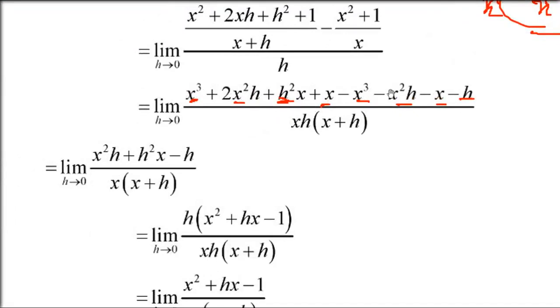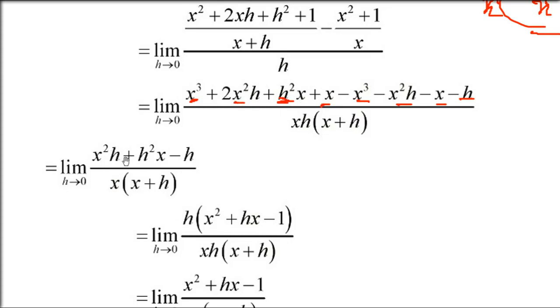Then 2x square h and minus x square h will be x square h, because you can just subtract them. The h will remain, x square h will also remain, and you have h square x. The x cube gets cancelled, x gets cancelled.